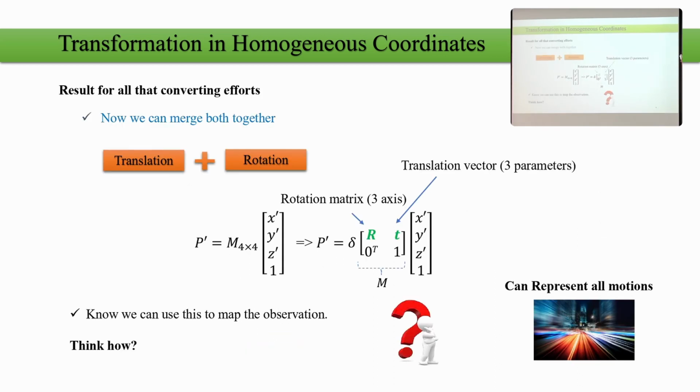So now let's get them together. We simply put the rotation matrix here with 3 axes and put the translation vector over here that we have 3 parameters for it, x amount of translation on x, y, z, so that we can say we have translation added by rotation.